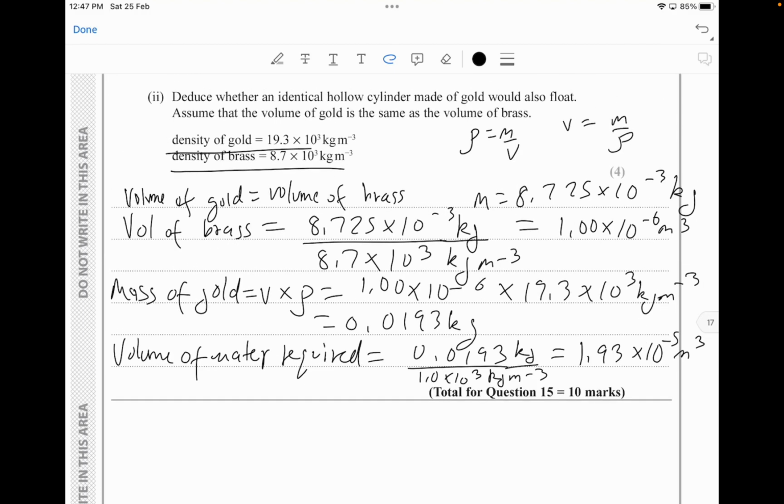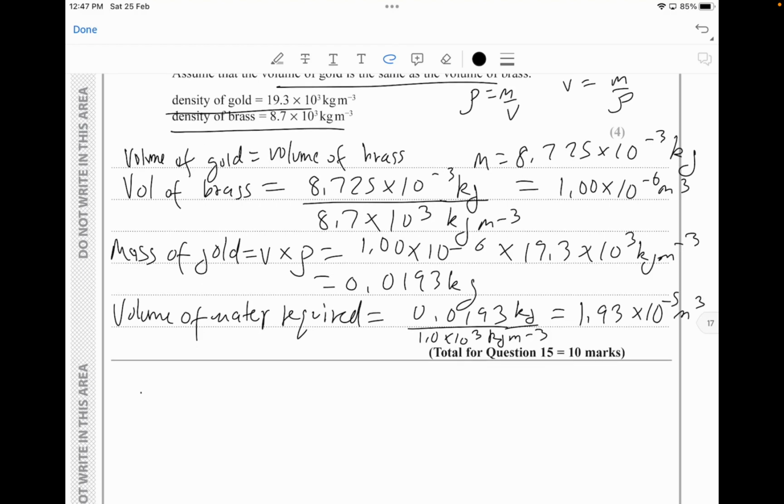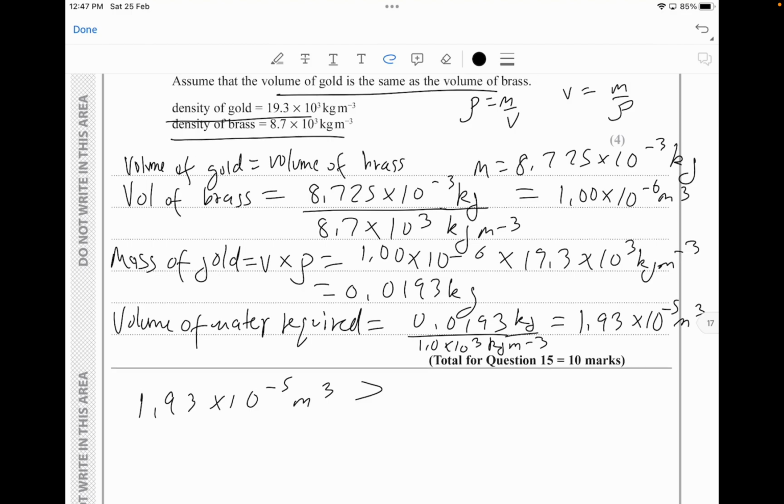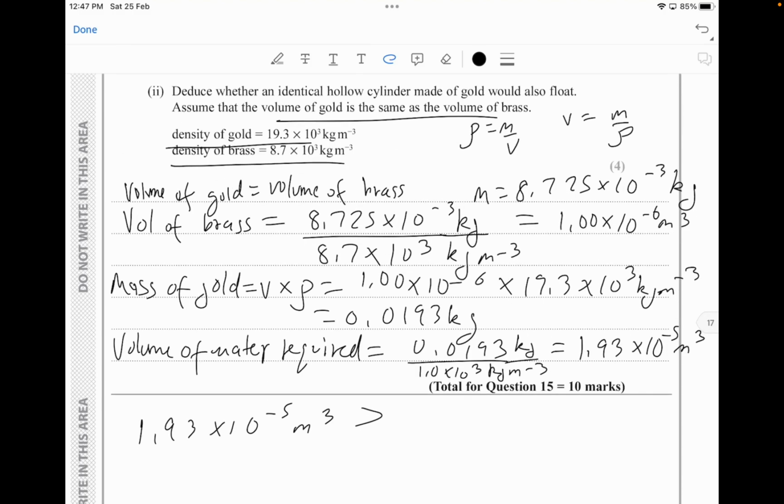So they're asking us to deduce that the volume of gold is the same as the volume of brass. Since the volume of water required is 1.93 times 10 raised to the power negative 5 meter cubed, this is greater than 1.39. So we have to find out where that part is.